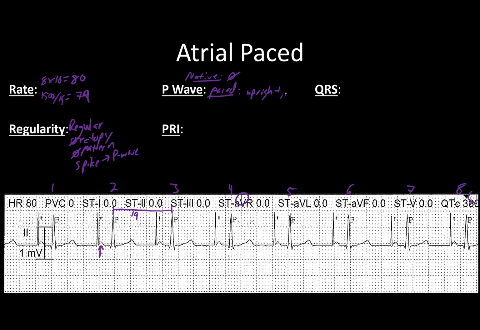And uniform. And that includes both the pacer spike itself is consistent across there, as well as the P wave that it winds up generating. And that we have one spike per P and per QRS, so that we don't have a spike making a P wave and then nothing. These P waves that are generated do yield a QRS, and that's really good to know. The PRI, as we measure it, let's go from here to about here. 1, 2, 3, 4.